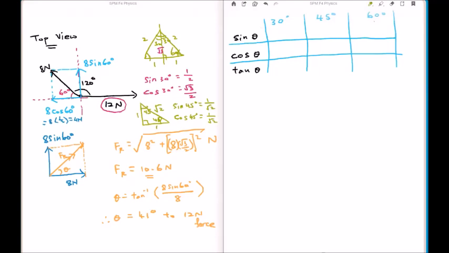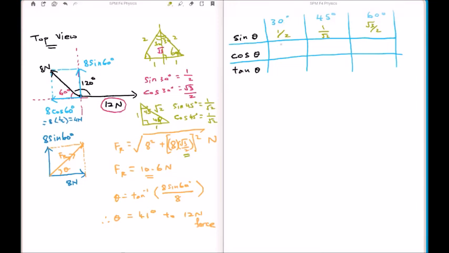So sine 30 will be 1 over 2, half. Sine 45, then you refer to this triangle. Sine is 1 over root 2. Sine 60 is root 3 over 2. That's what I have here. Then cos 30.